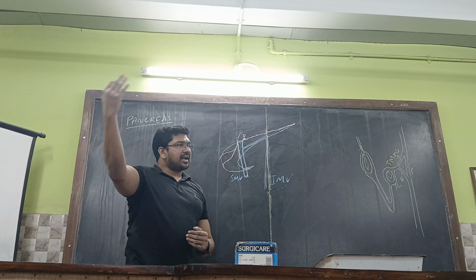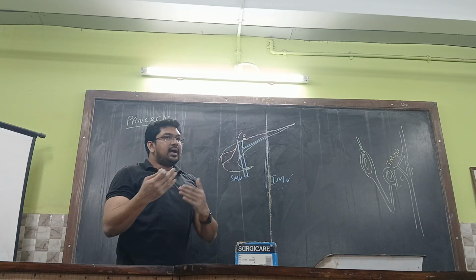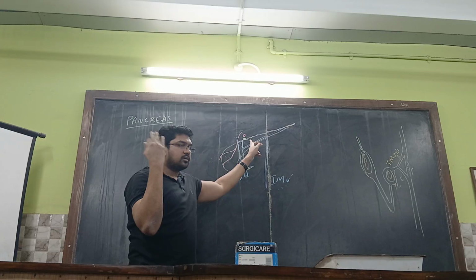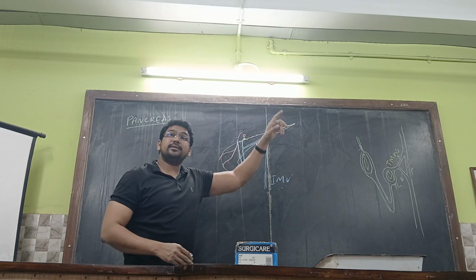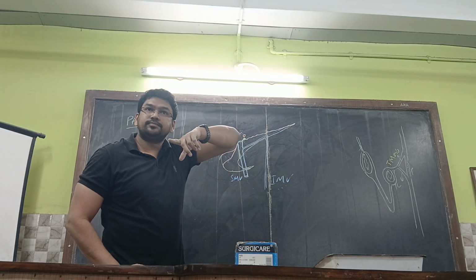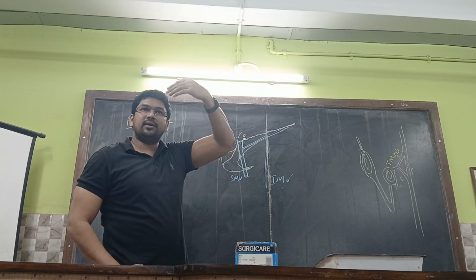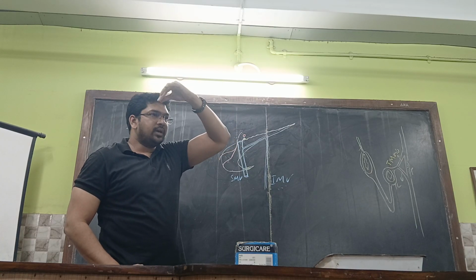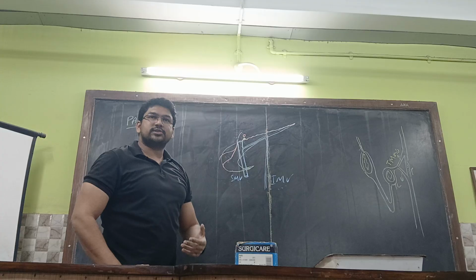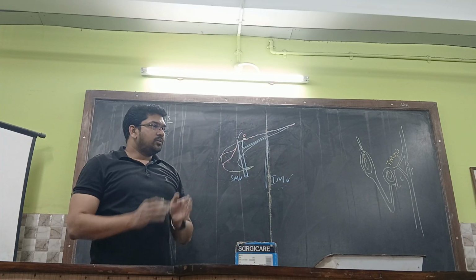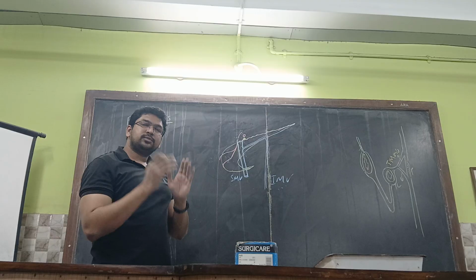tuber omentale of the liver, which lies in front of some structure. And the tuber omentale of the pancreas will be lying just behind one common structure. What is that? The tuber omentals will be lying opposite to each other, above and below. In between them there is a structure separating two different organs.